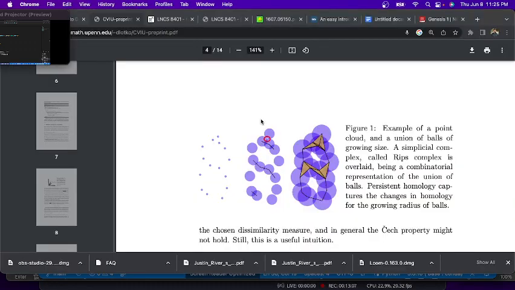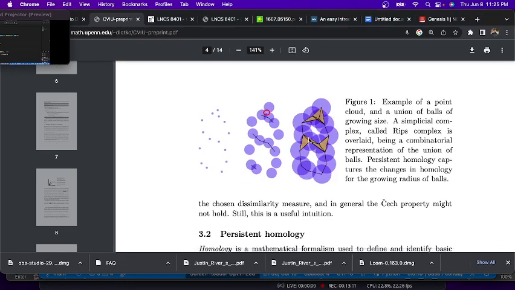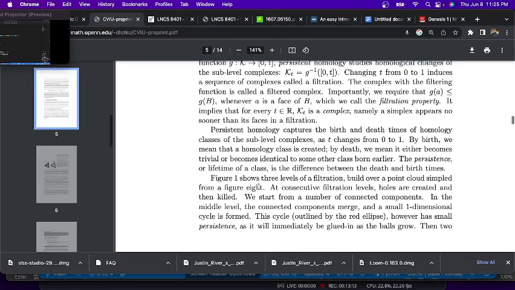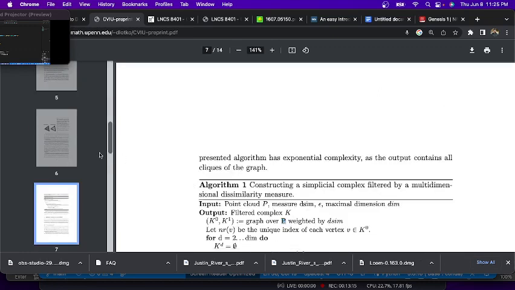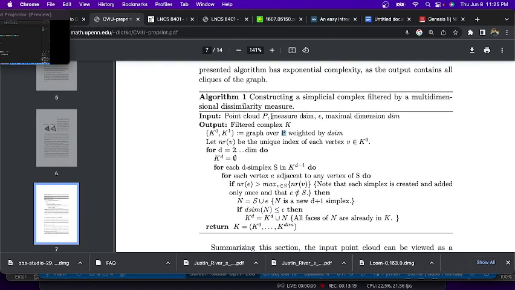Okay, so here we have, again, the eventual goal. Here is the algorithm. So let's see what our next step is. We got the point cloud P, that was what was on the screen. We've now measured the dissimilarity. We can arbitrarily define this. Well, I actually might make a slider for this. Maybe I'll do that in the next video, or I will wait.